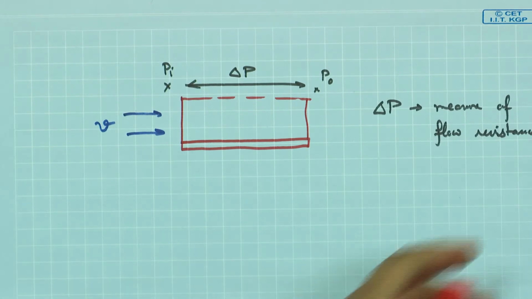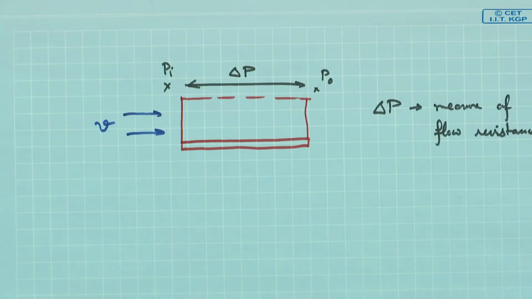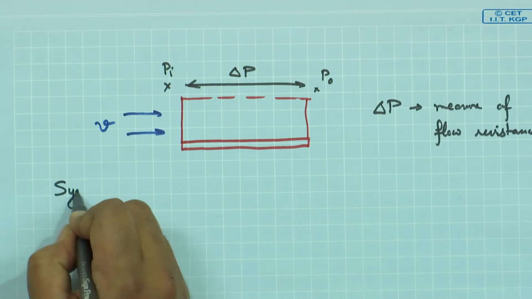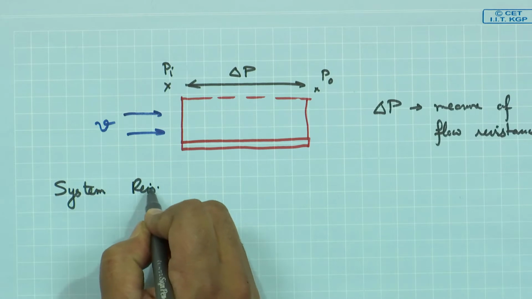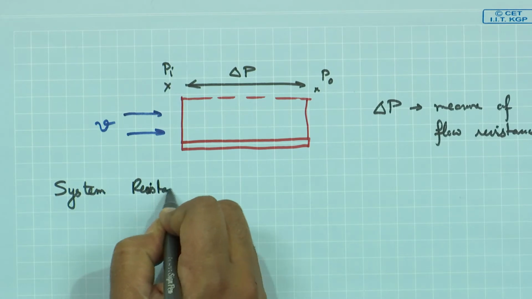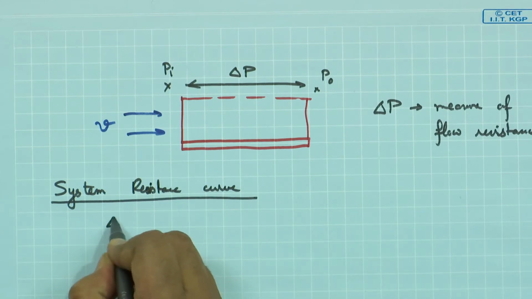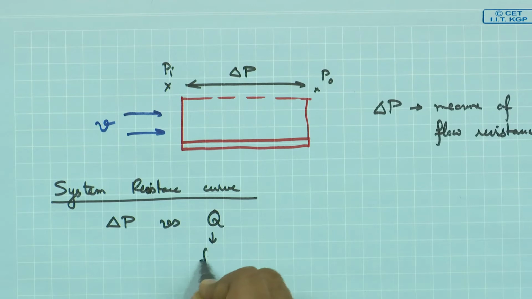So, if I take a channel heat sink like a parallel plate heat sink like this, or even a pin fin, etc., I can do a bunch of tests in a wind tunnel and get a curve for my delta P versus flow rate. It is called a resistance curve, which is essentially delta P versus Q, where Q is the flow rate.